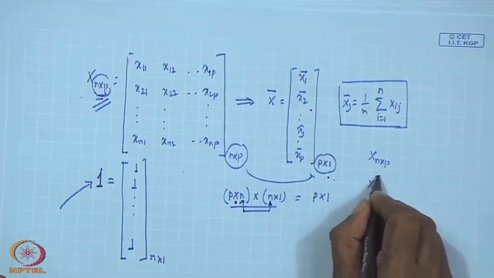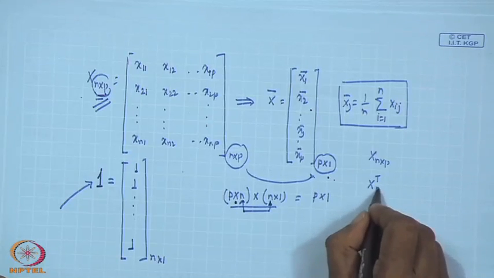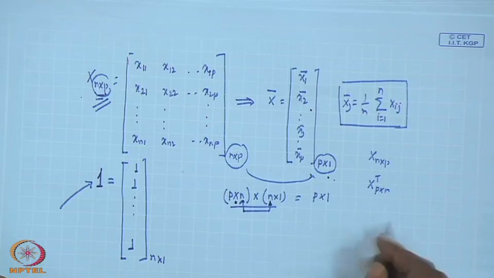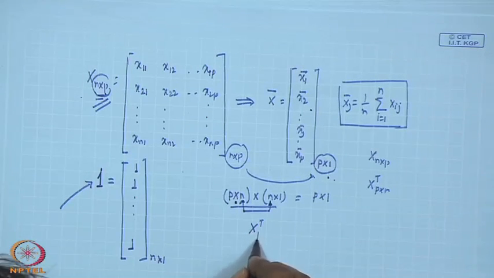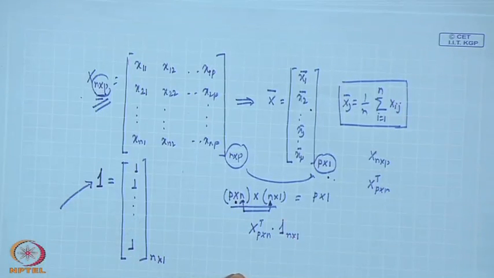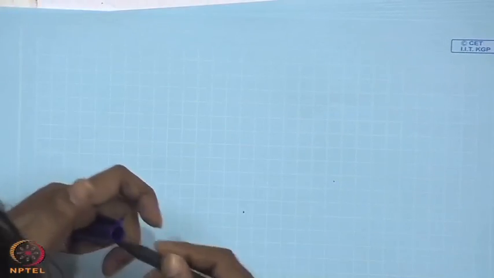If I do the transpose X t, it will be p cross n, with rows and columns interchanged. So, I am taking X transpose, which is p cross n, and taking the dot product with n cross 1. Your resultant matrix will definitely be p cross 1, as the n cancels out. Okay. So, what will happen with this, you see now. Your data is like this.